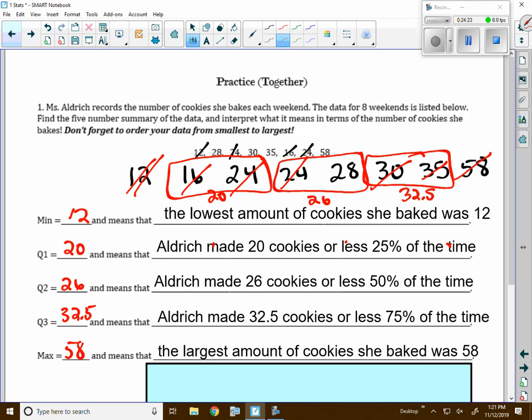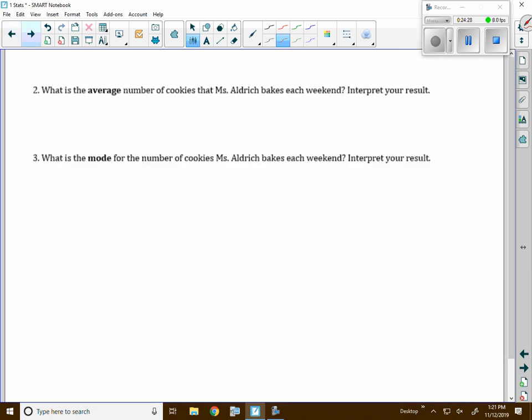How many are there? 8. So I'm getting 28.375. You agree on that? You're on 28.4. Okay, so roughly, on average, she makes 28.4 cookies each week.